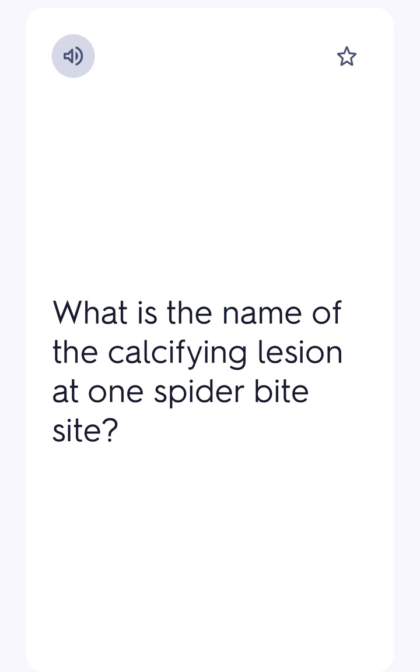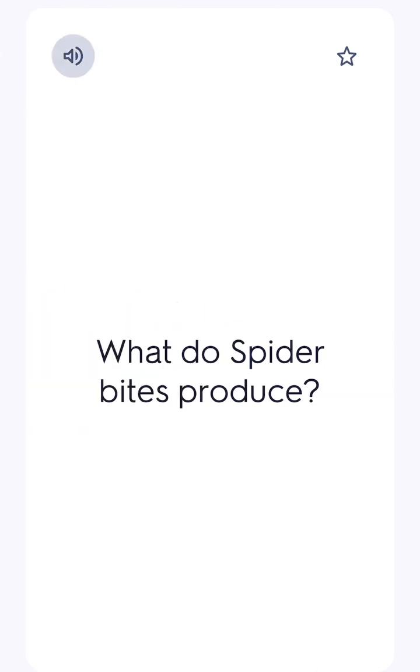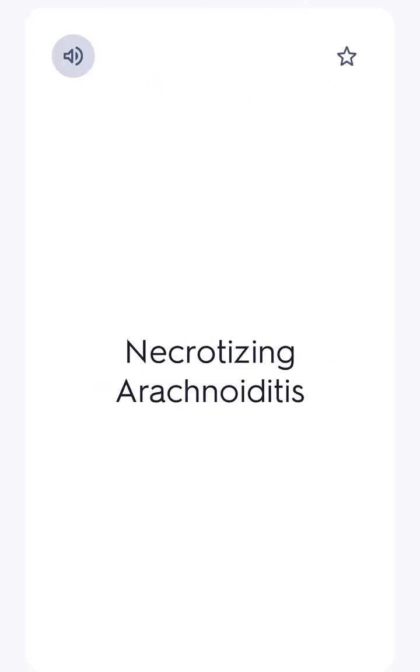What is the name of the calcifying lesion at a spider bite site? There is no such name because spider bites do not cause calcification. What do spider bites produce? Necrotizing arachnoiditis.